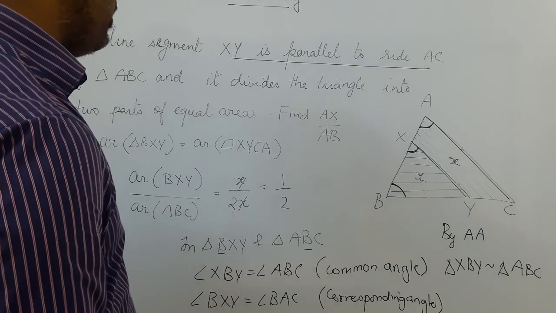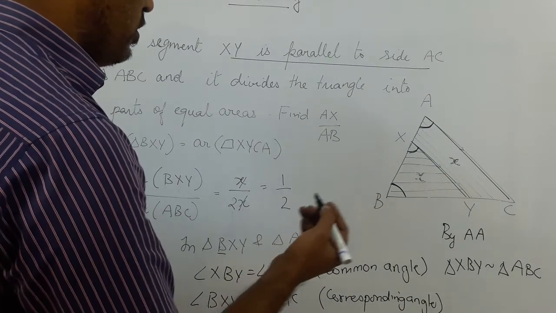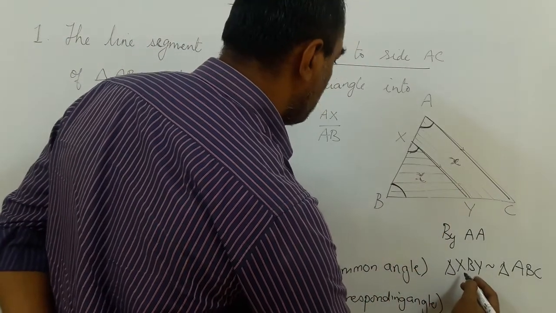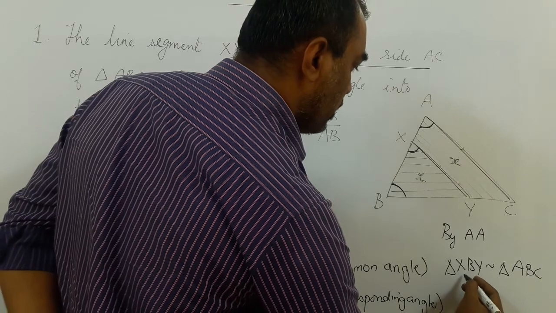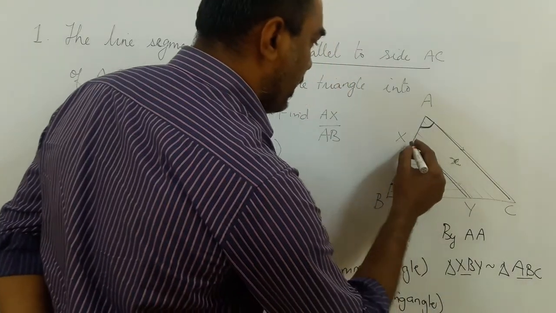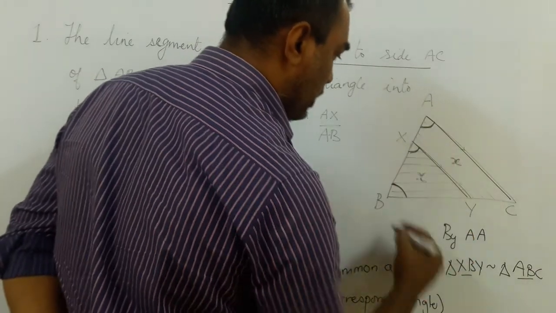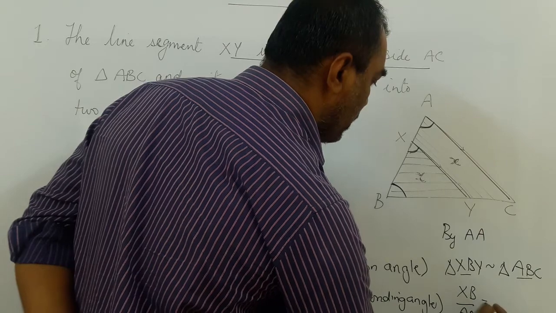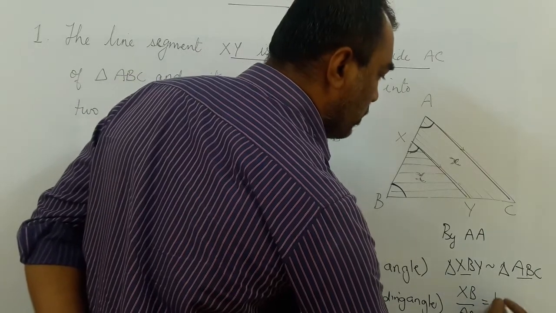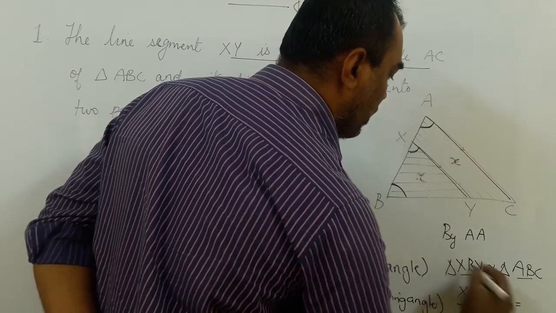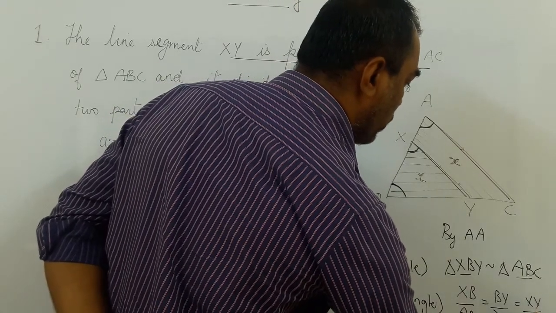I have got these two triangles similar, so the ratio XB upon AB equal to BY upon BC equal to XY upon AC.